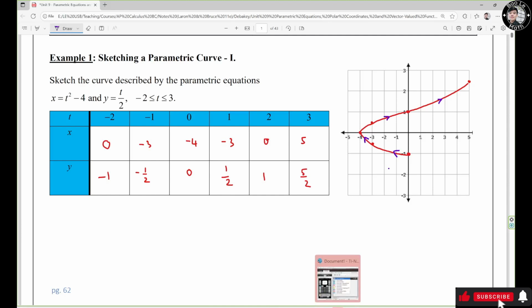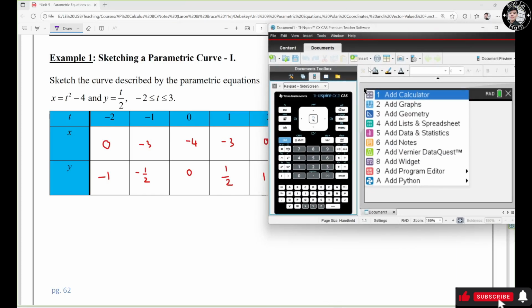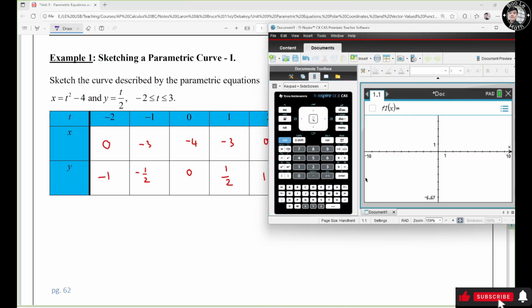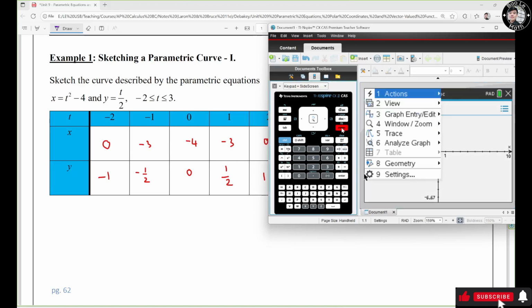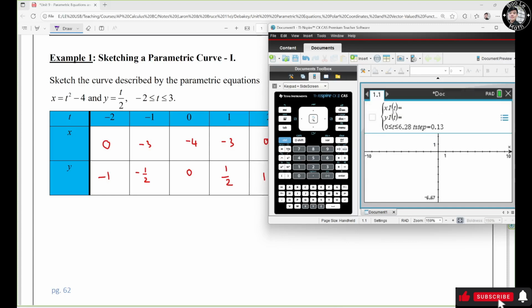Now we can use the calculator to check our work. Bring up the calculator at graphs. You need to go to menu, graph entries, and change this to parametric, which is number 4. The first equation is x, t squared minus 4, and y equals t over 2.